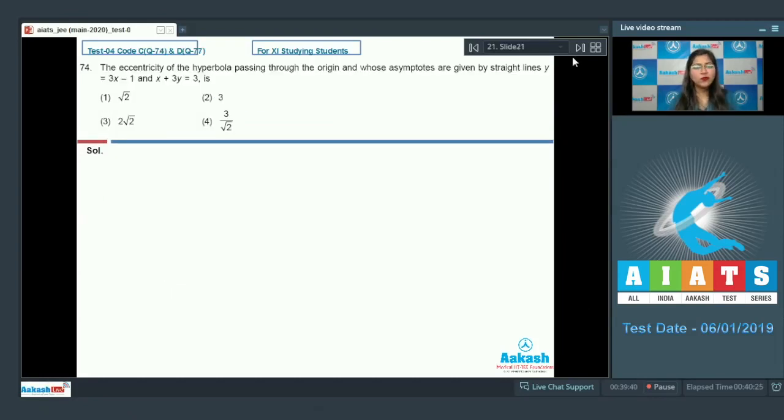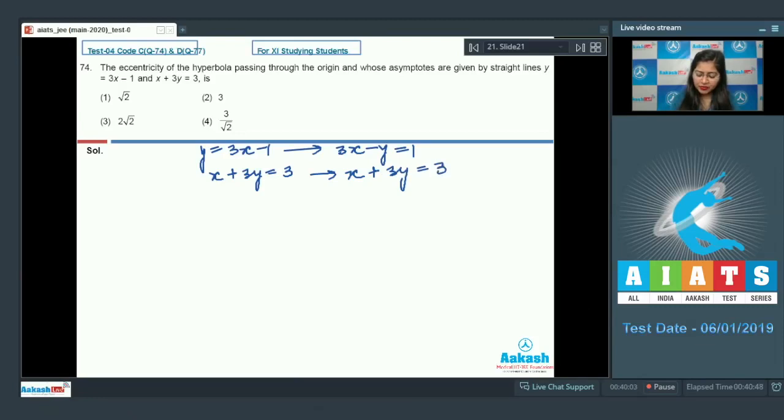Next is question number 74, which says that the eccentricity of the hyperbola passing through the origin and whose asymptotes are given by the straight lines y = 3x - 1 and x + 3y = 3 is. This can be written as 3x - y = 1 and this is x + 3y = 3.